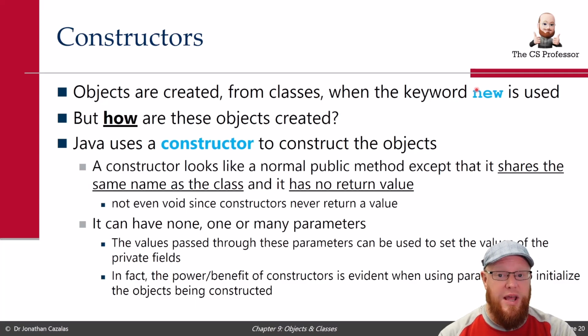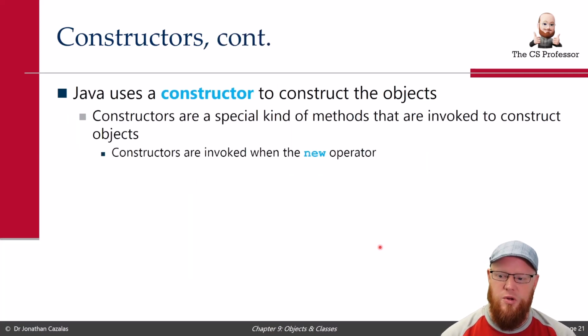Also, constructors have no return value, not even void, because they return nothing at all. A constructor can have no parameters, 1, 2, or many parameters. The values that we pass through these parameters can then be used to set or to initialize the data members of our objects. And that's really where you get the power of constructors.